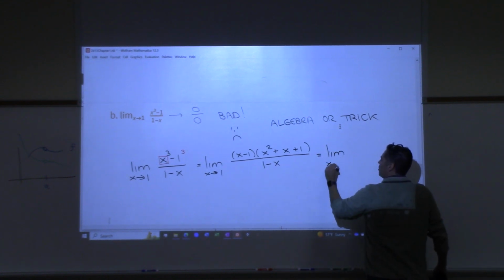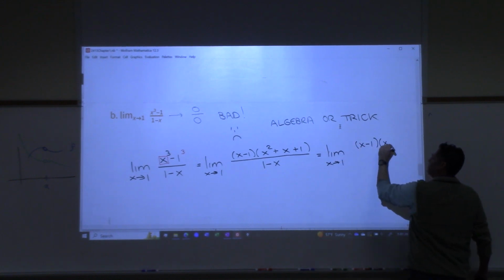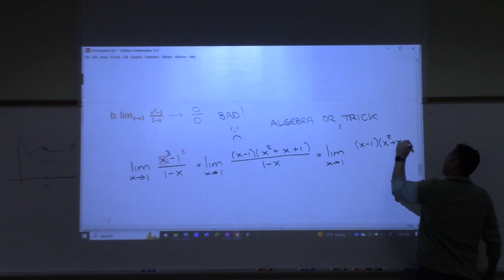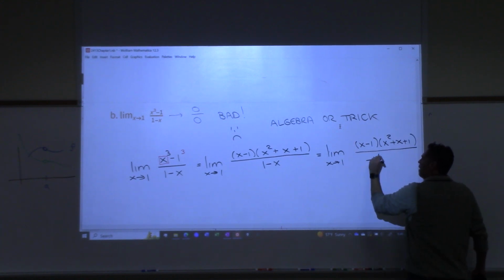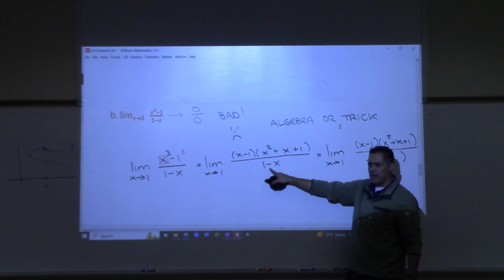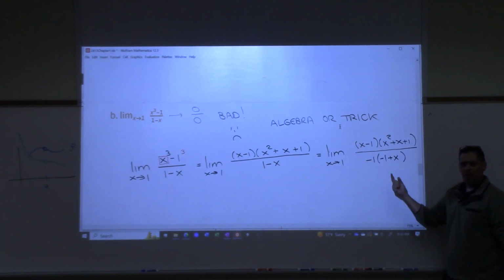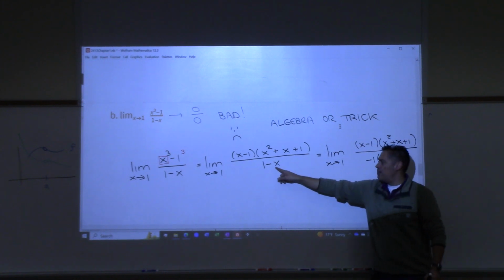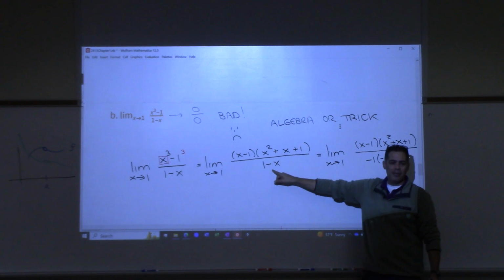So I'm going to do this. I'm going to leave the numerator alone. Not going to touch it. On the denominator, I'm going to factor -1 out. If I take a -1 out of here, that's going to be -1, and then that's going to change to a positive x. All I've done is rewrite the bottom so that if I multiply -1 back through, I get that, don't I?